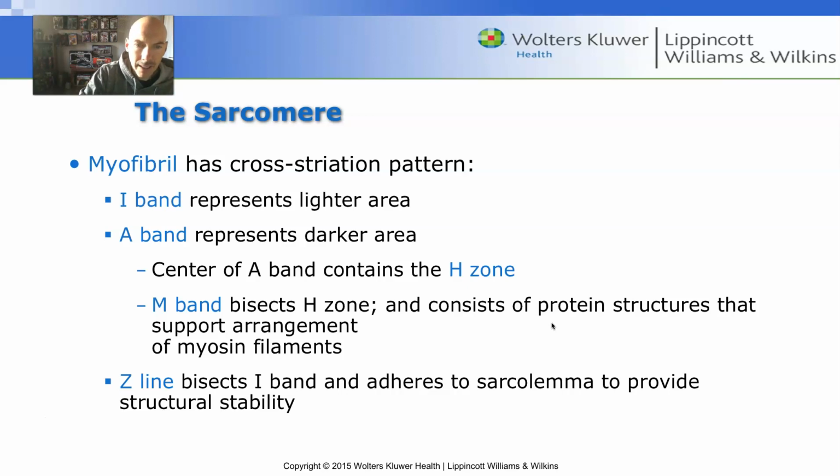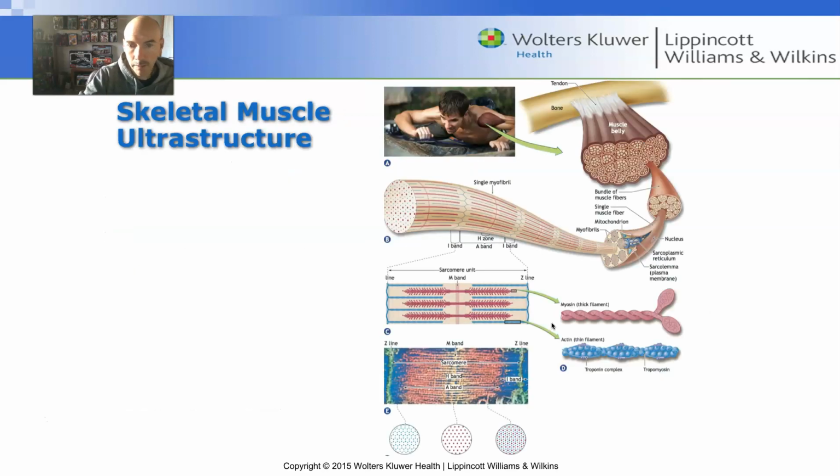Now, all of these bands are labeled. Personally, I don't put too much importance on these, but the A band refers to the zone where the myosin is found, and the I band refers to the zone where there is no myosin.